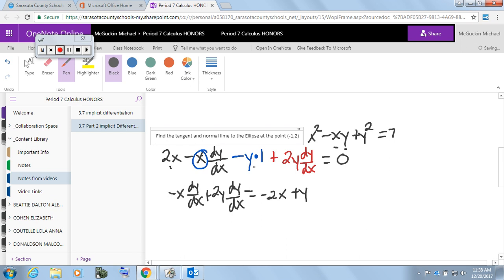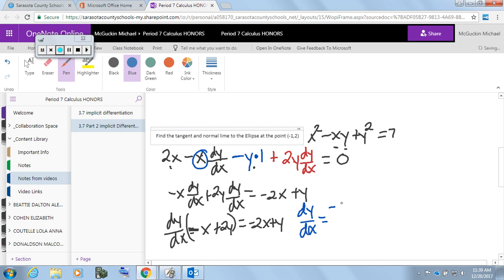So I subtracted 2x, added y over, and I get dy/dx multiplied by negative x plus 2y equals negative 2x plus y here. And then finally, our end result is going to show that dy/dx, after we divide through, will be negative 2x plus y over negative x plus 2y here. So that's what dy/dx actually is.